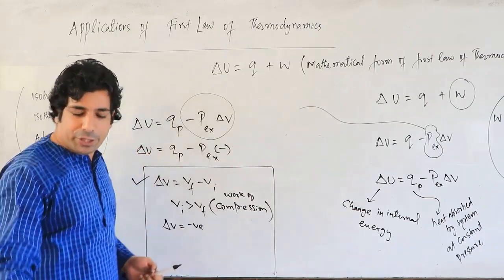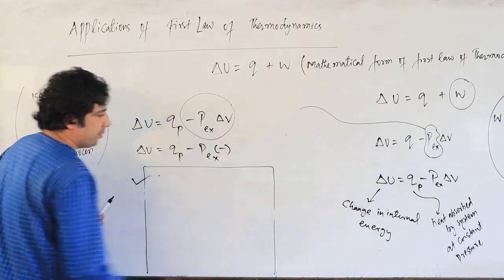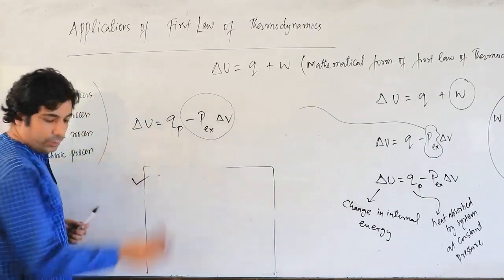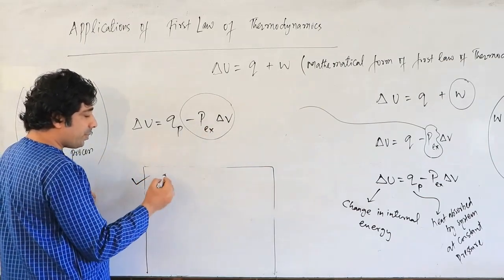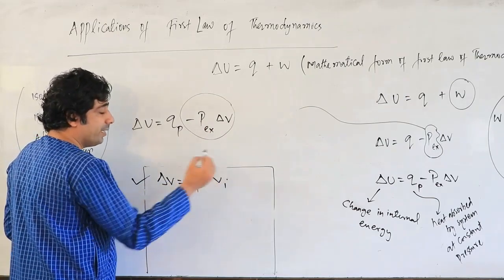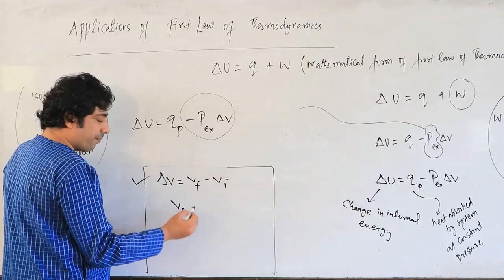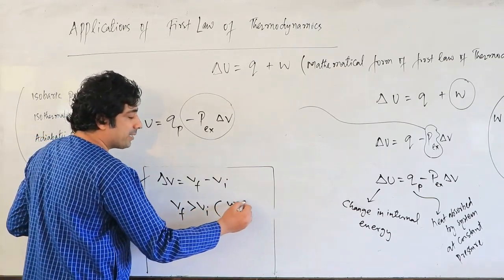Now one more situation is also here. So what is that situation? For this expression I am talking about, let us suppose delta V, we know it's Vf minus Vi. Let us suppose Vf is greater than Vi, which means it's a work of expansion.